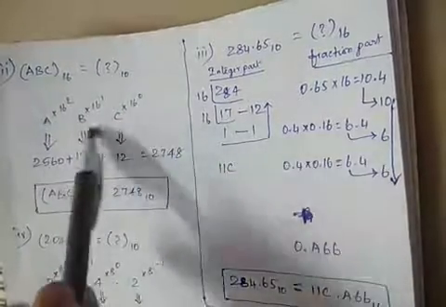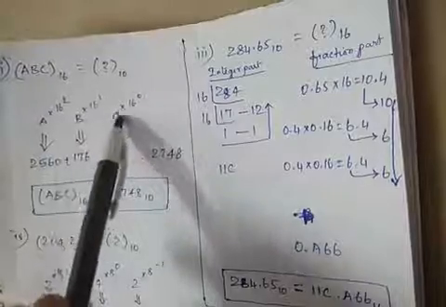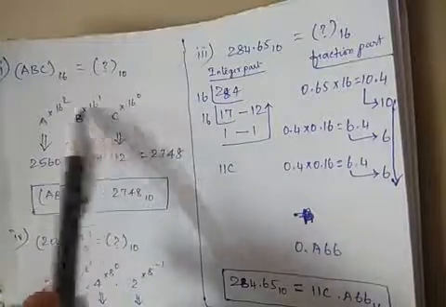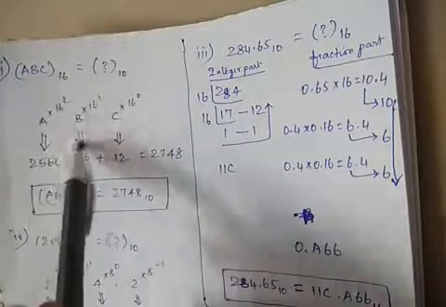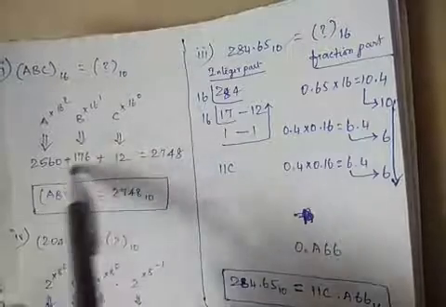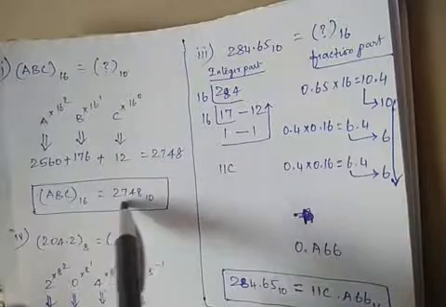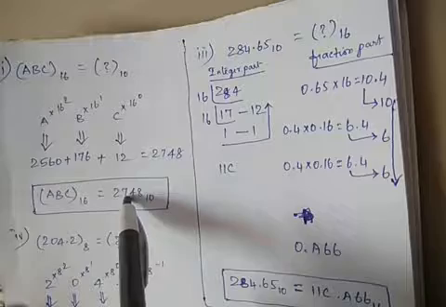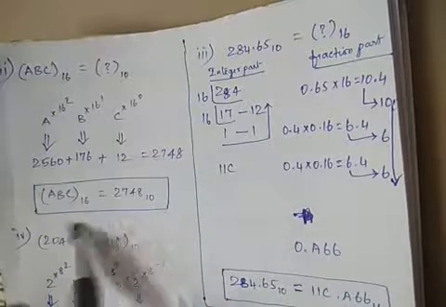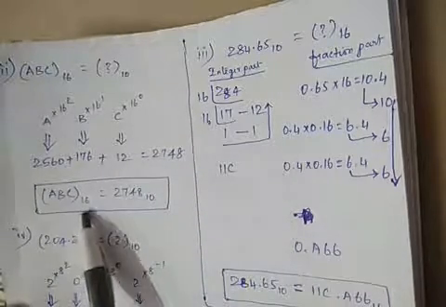So according to that we solved this one. C into 16 power 0, B into 16 power 1, A into 16 power 2. Add the values, and finally 2748 is the decimal equivalent of ABC.